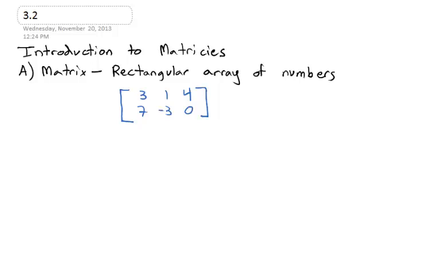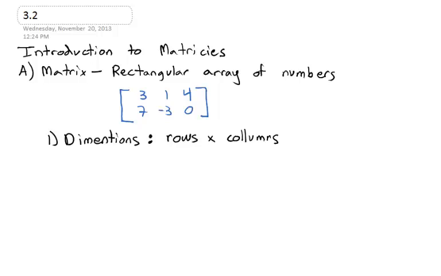And in fact, those rows and columns give it what we call the dimensions. The dimensions, we always list the rows first by the number of columns that the matrix has.